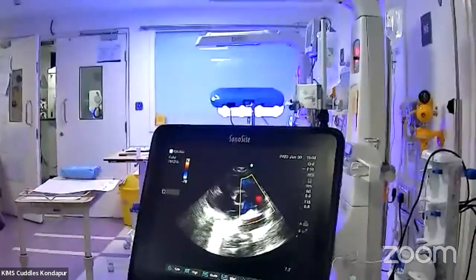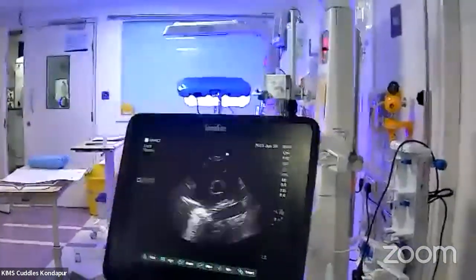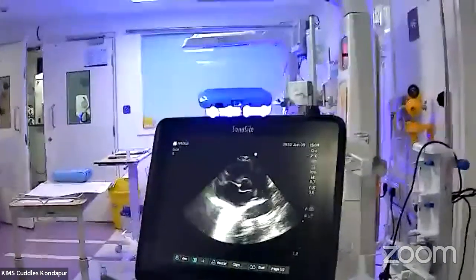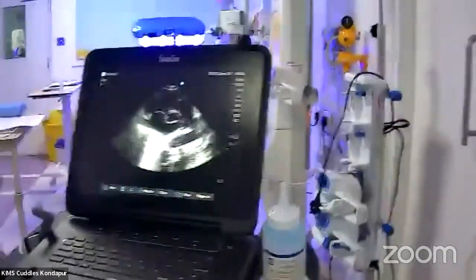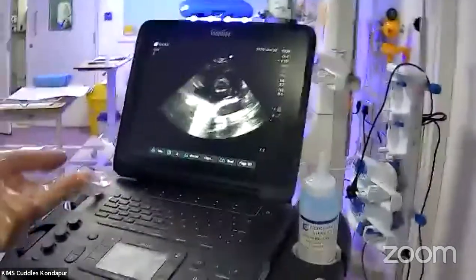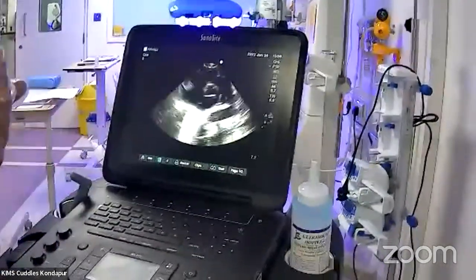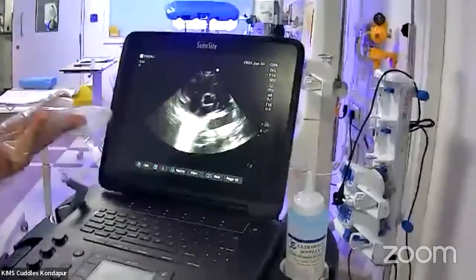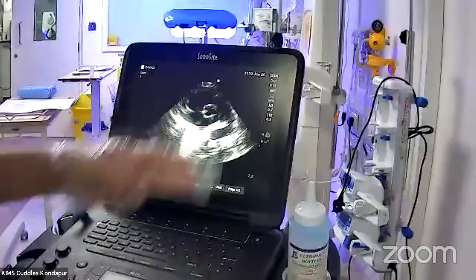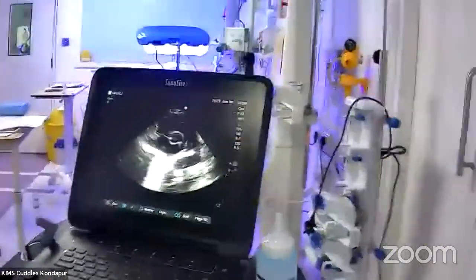So this is a summary of what we can do in the echo for assessment of the intravascular volume by looking at the IVC volume, collapsibility with respiration, and myocardial performance by eyeballing as well as the fractional shortening. Thirdly, the presence of complicating PDA, which you can appreciate here. We can further Doppler the PDA.